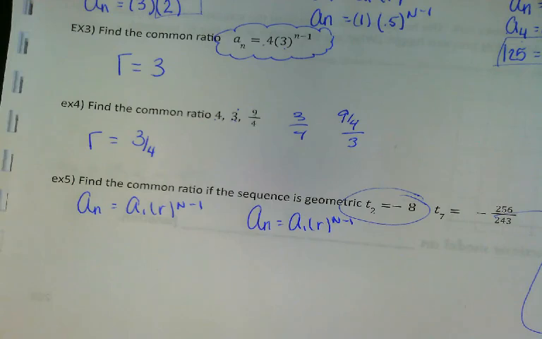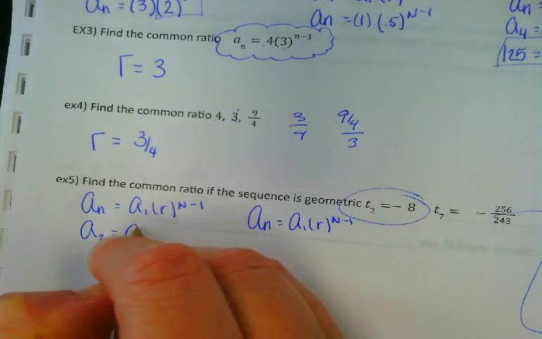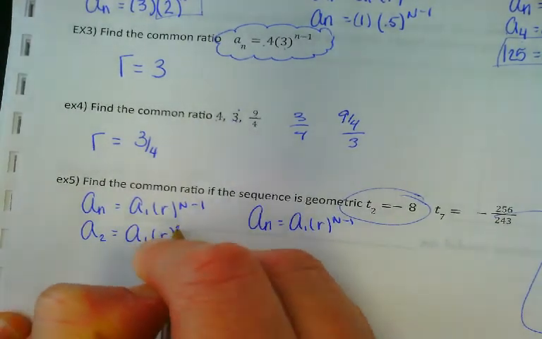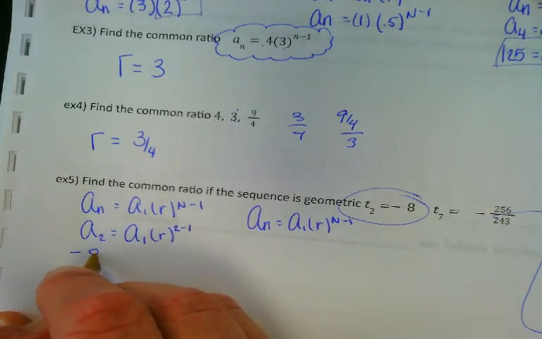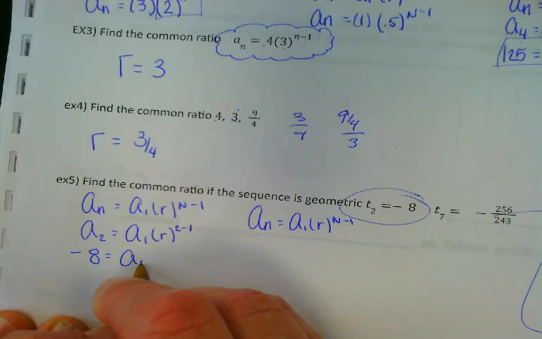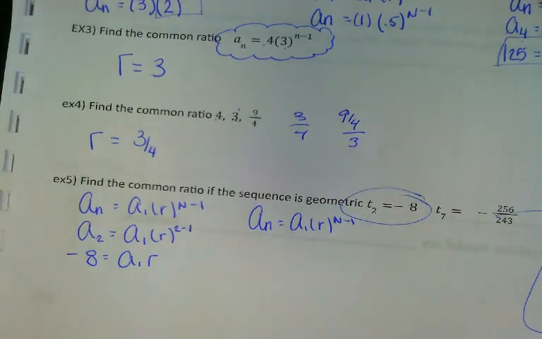The number 2. Right? I know a sub 2, so every n is going to become a 2. So a sub 2 is -8. A sub 1, 2 minus 1 is just r. Perfect. Then do the same thing with the next one.